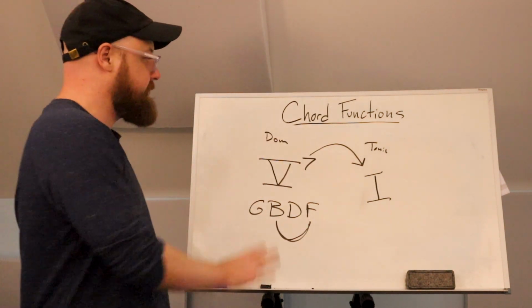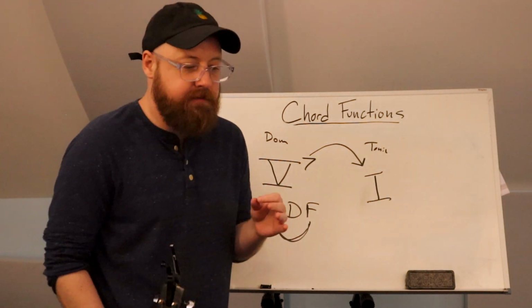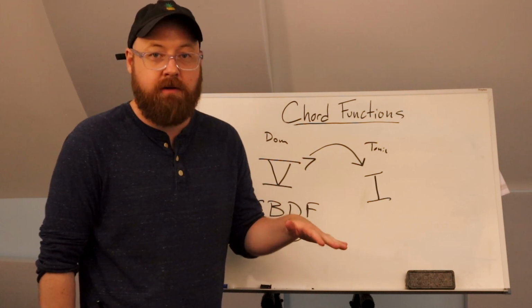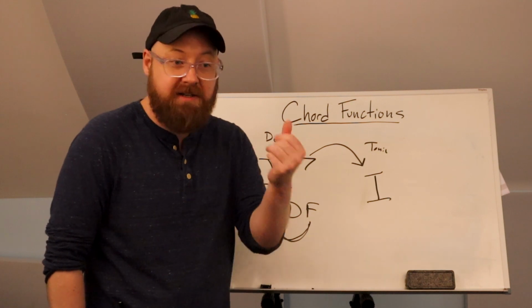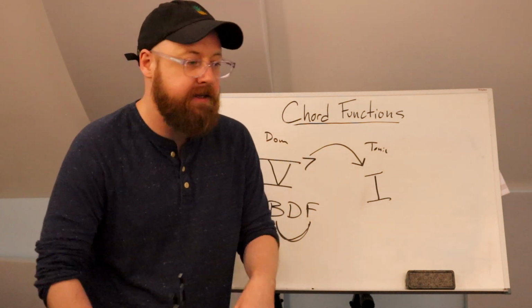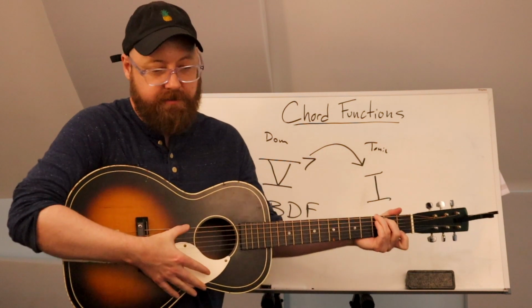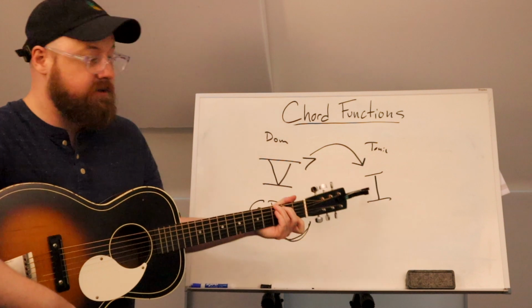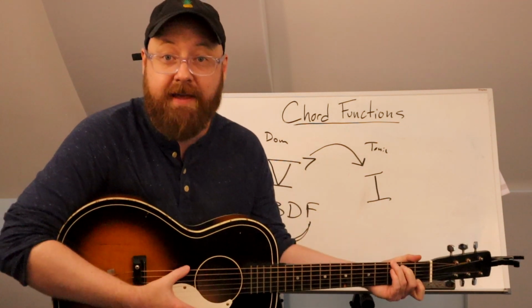So this is a strong tendency, and I think I even used the word rule earlier, but I want to stress that this is not a rule. This is a tendency that you can abuse and undermine, right? Like, for example, if we take our G7 chord, and we know that it has this strong pull back to the 1, we can then go somewhere else and undermine that expectation, right?